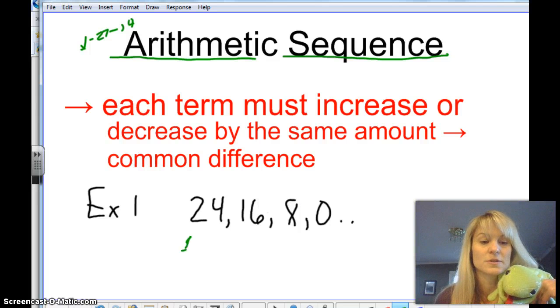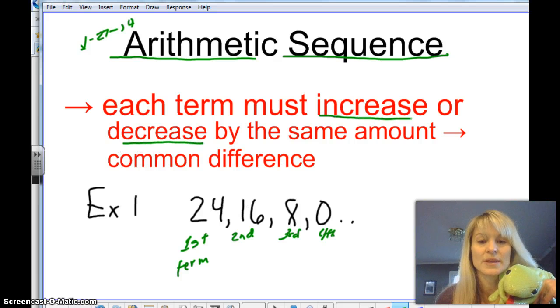So this is called your first term, and then this obviously would be your second term, and your third term, and then your fourth term, and so on, okay? So each term needs to increase or decrease by the same amount each time. And this increase and decrease is called the common difference.